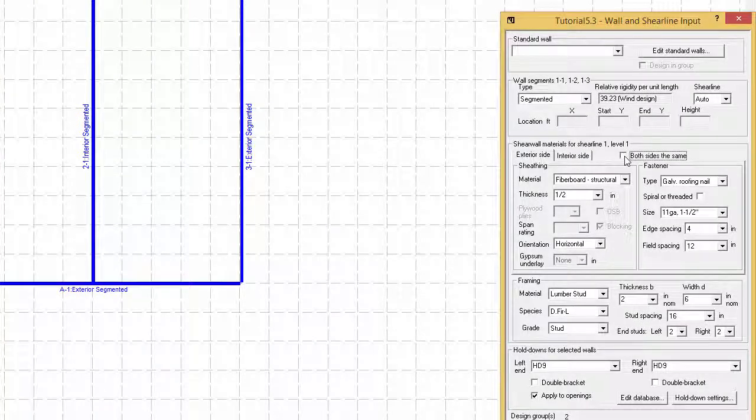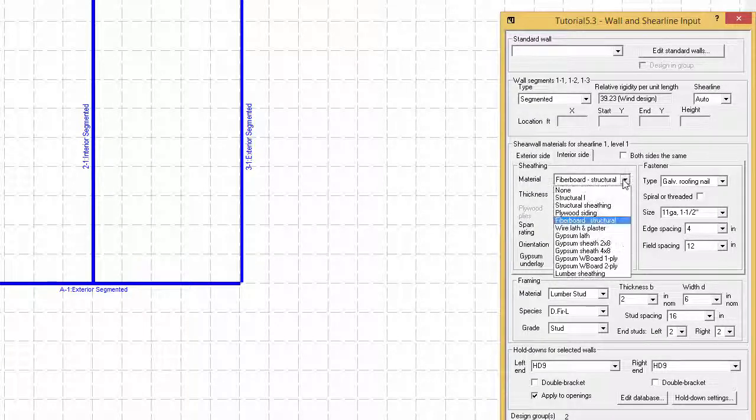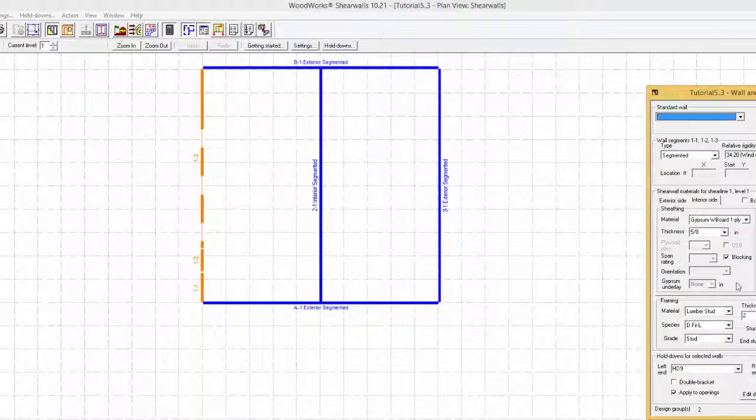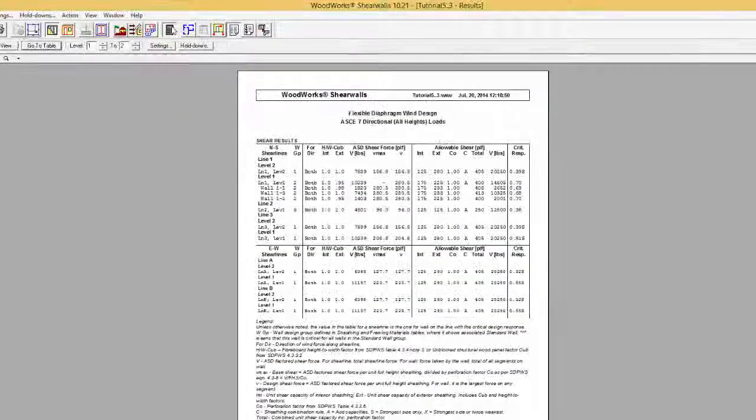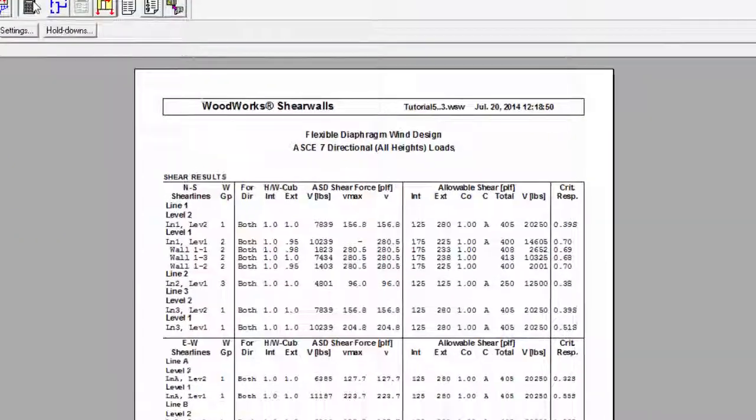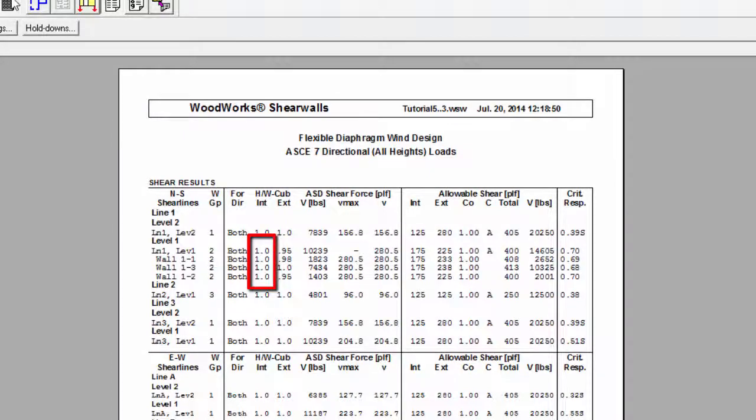The exterior side will have fiberboard, while the interior side will have half-inch gypsum. We will now run the design. As you can see, for the interior side of wall 1-1 to wall 1-3, the factor is 1.0, and for the exterior side, the factor is determined as per Table 4.3.4 shown earlier.